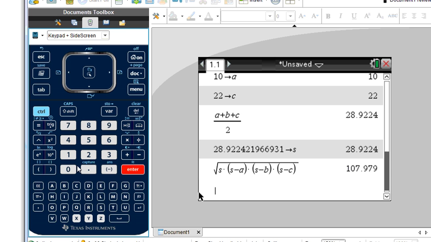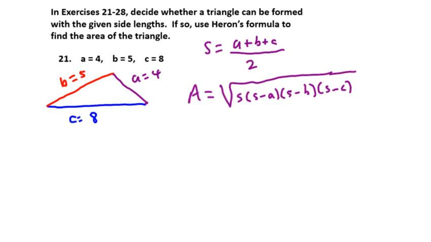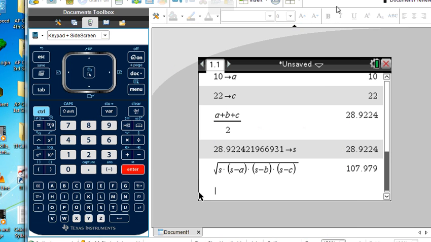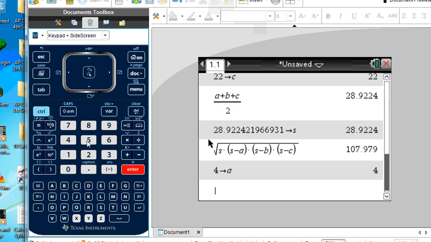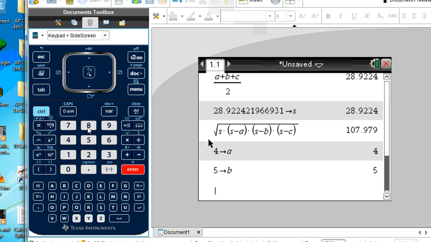Let's see, we have 4, 5, and 8. So we're going to put 4 storage for A, enter. 5 storage for B, enter, and 8 storage for C, enter.